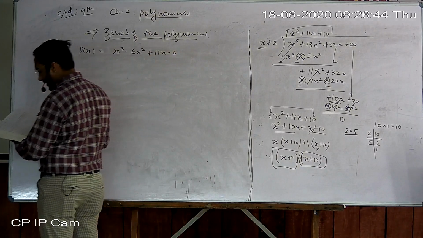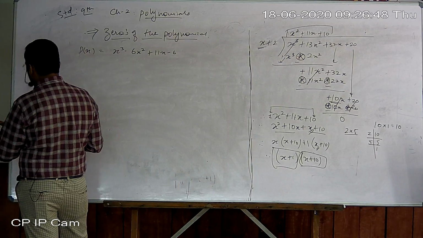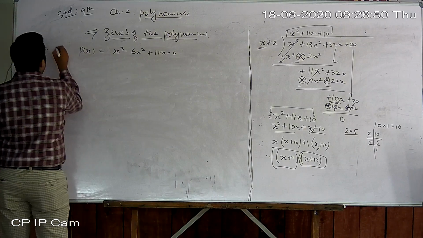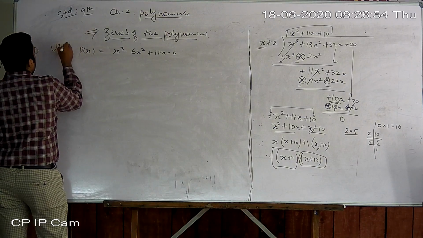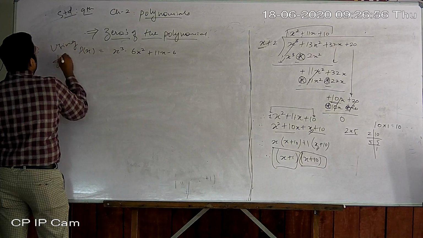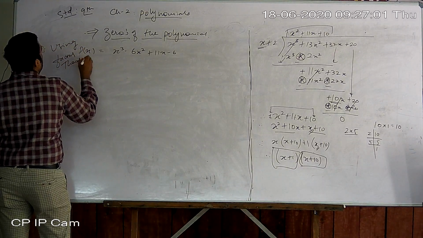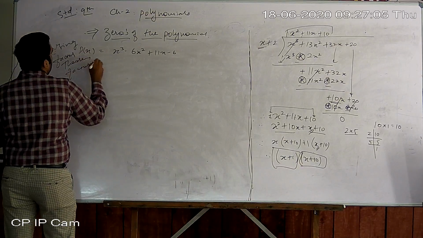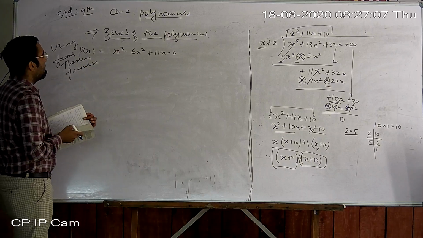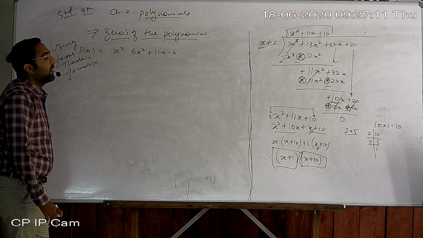Using the factor theorem, factorize p of x is equal to x cube minus 6x square plus 11x minus 6.